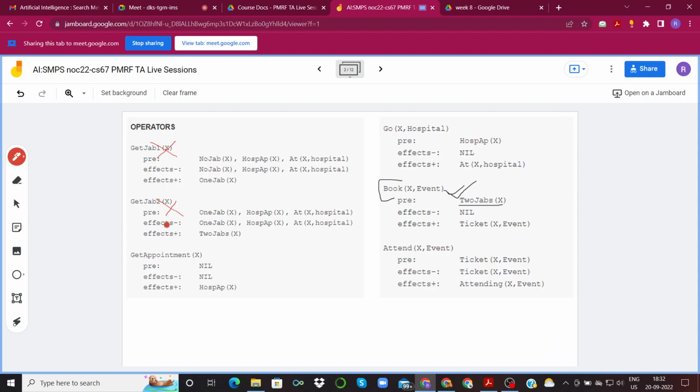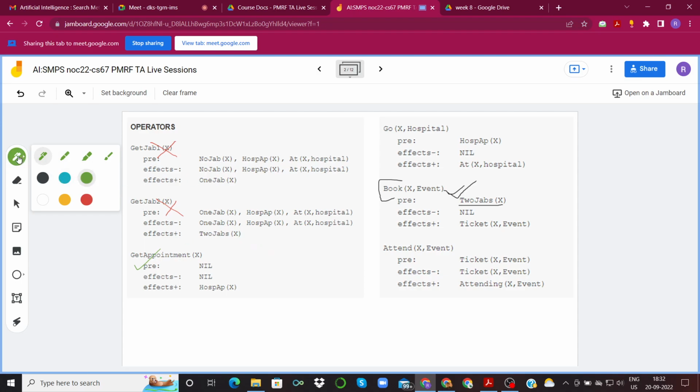Similarly, get jab 2 cannot be applied because we know that one jab for Amol is not true. Amol already has 2 shots of vaccine. Now get appointment. What are the preconditions for this one? Nothing, which basically means that this operator can be applied at any given point of time. So this is a potential candidate, right?